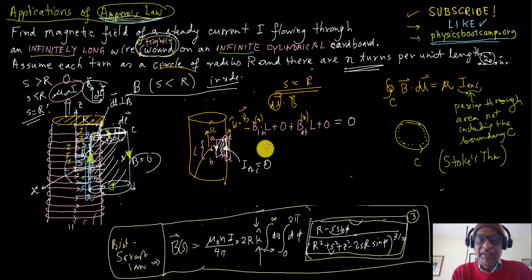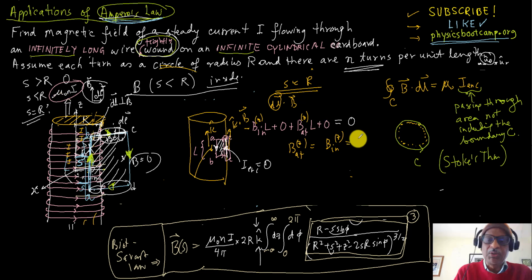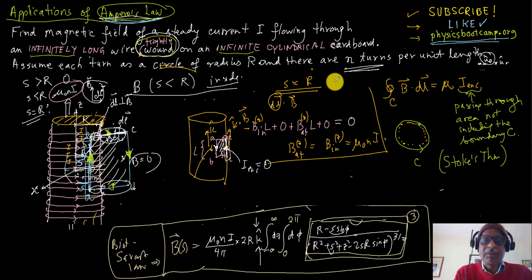There's no X and Y component. So B at the wire, its Z component equals B in its Z component. So it seems this is the same thing as mu naught n I.